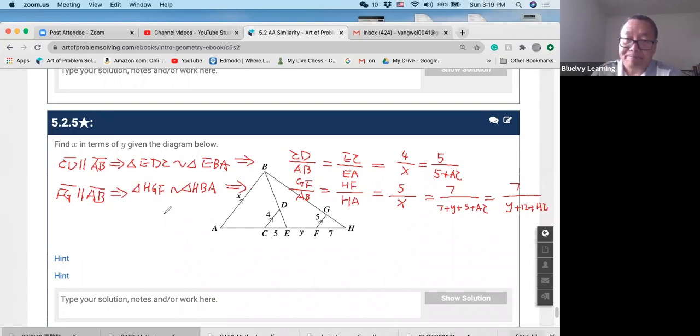Now first we can get AC from this equation. We can do cross multiplication. What we can get? Well, I can write here first: 5 times x equals 4 times 5, 20, plus 4 times AC. So then we can get AC equals 5 times x minus 20, divided by 4.